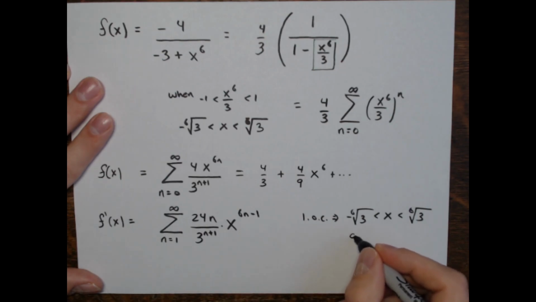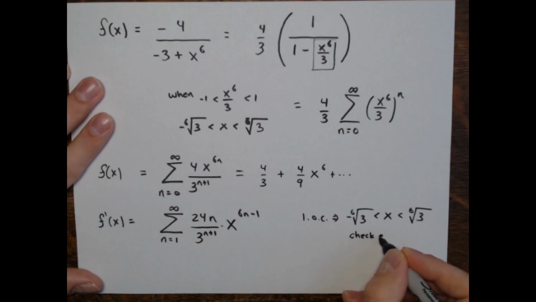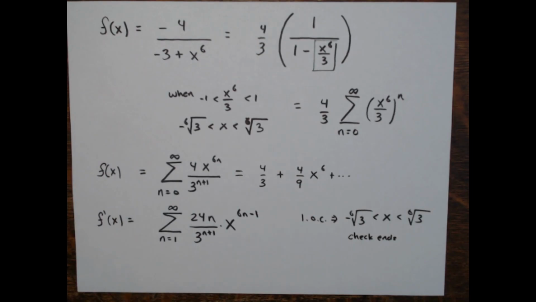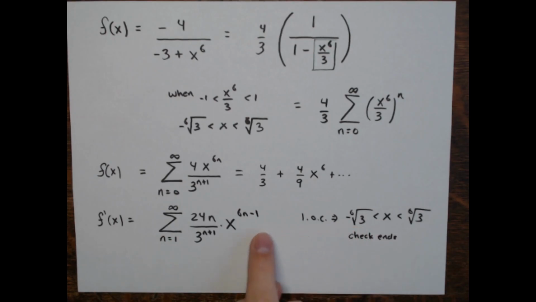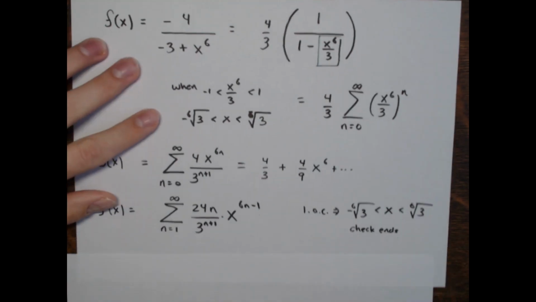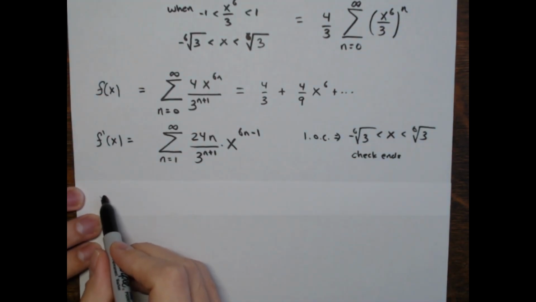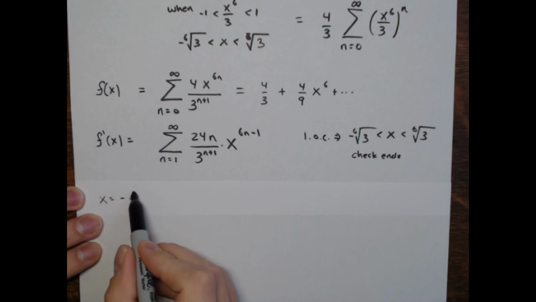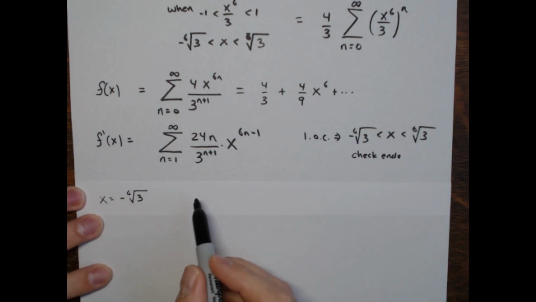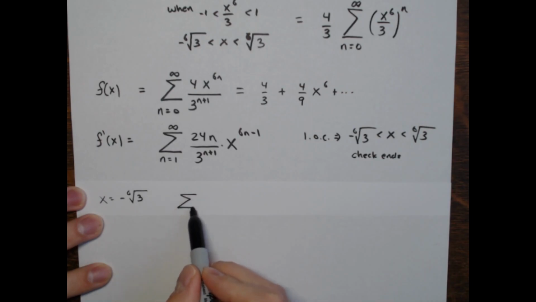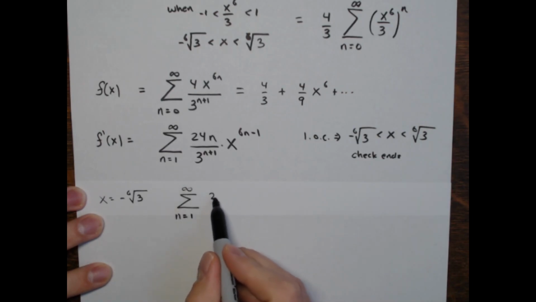Now, if I check the ends, when I plug in negative 6th root of 3, here's what we're getting. We get the sum n equals 1 to infinity of 24.